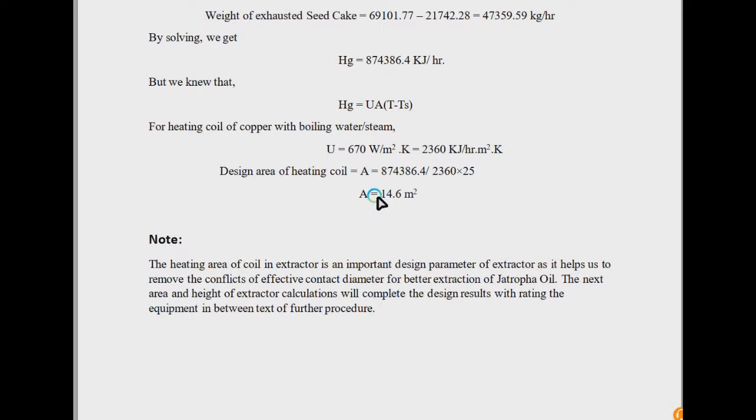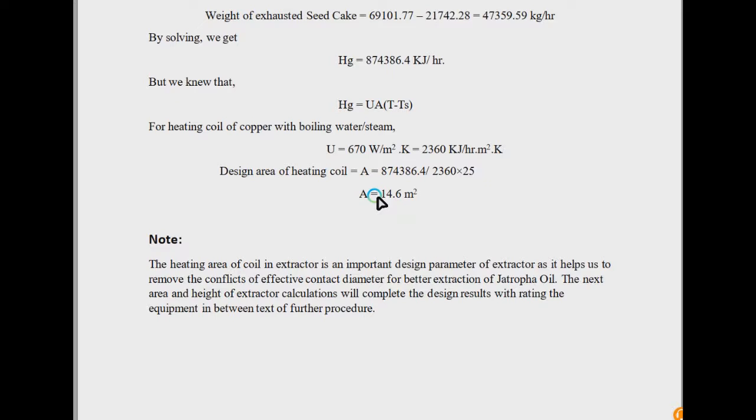So we can base our design on one more important justification, the volume of the mixture inside the vessel. For example, if you are designing the evaporator, the design technique based on heat transfer area is okay, but not for the extractor, because there is some volume.